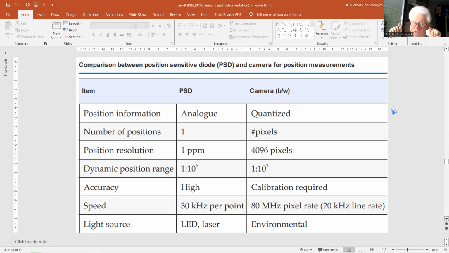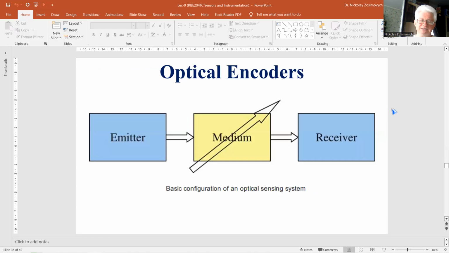But note that the numerical data are typical, and higher values for resolution and speed are available. The optical sensors described in these sections are digital in nature.